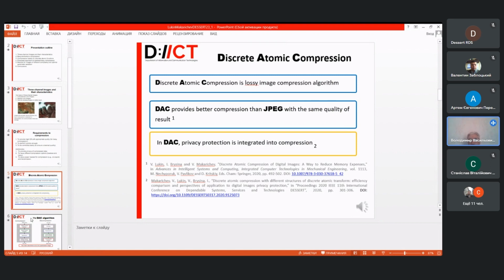And what is also a good property of discrete atomic compression is that privacy protection can be integrated just into compression due to use of a random configuration of blocks, unknown to other persons. Here are some papers where you can find details about discrete atomic compression.